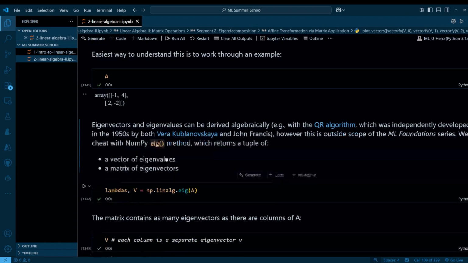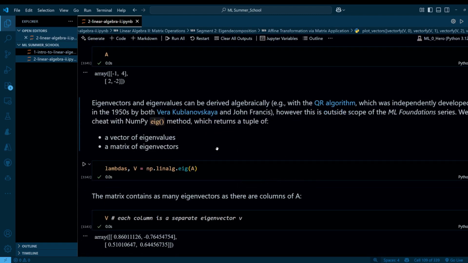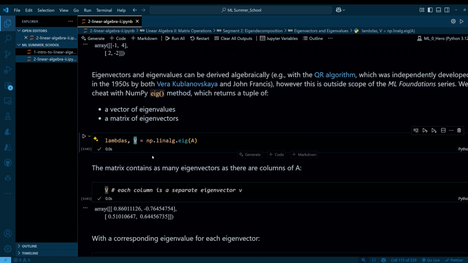Great. There is a shortcut. We can easily get the lambda, which is our eigenvalue, and the v, which is our eigenvector, through np.linalg.eig, where we pass the matrix.